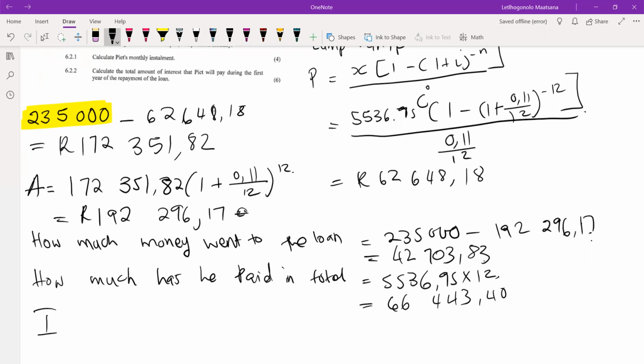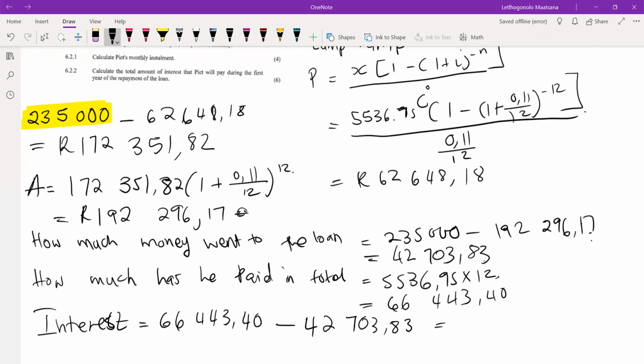And the money that goes to the interest would be the difference between what he paid and the difference between the loan amount and the balance. So how has the loan reduced? And that should still give us the same value that it did before, which is 23,739.57.